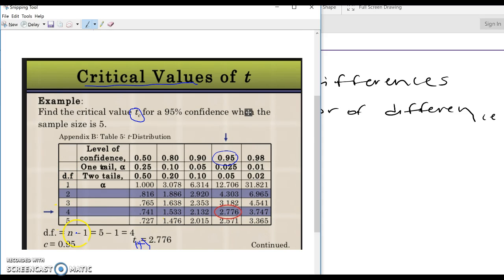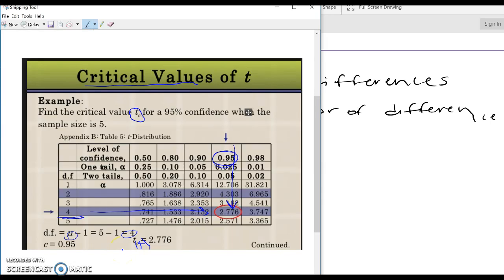So you take the sample size, n, minus 1, and this gives you 4. So the degrees of freedom, or the allowed room to vary, is 4. Here's your 4, and you're using the 0.95 confidence interval. You go all the way over and come all the way down, and that is your critical value of t, 2.776.